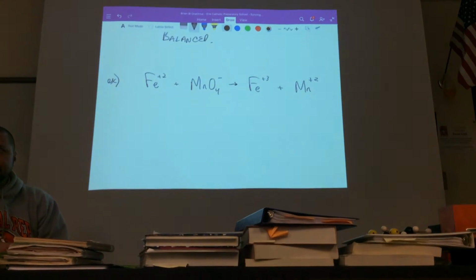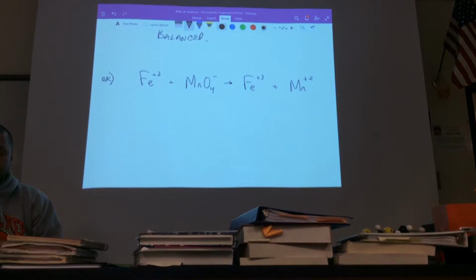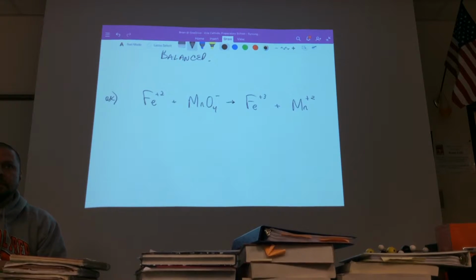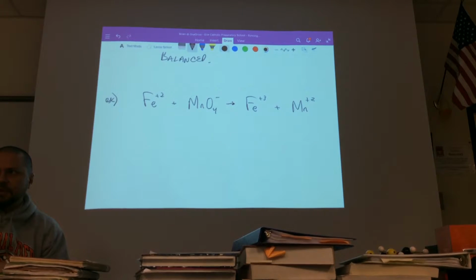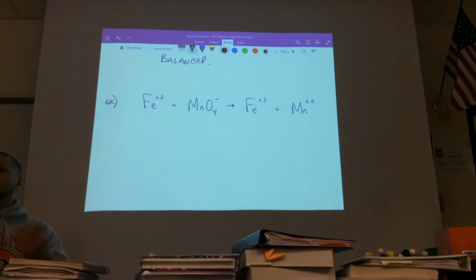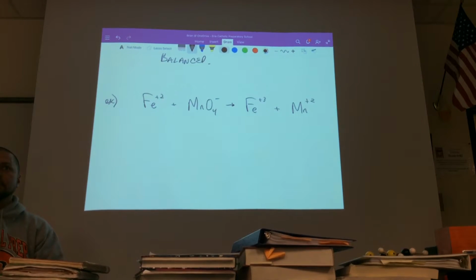The first thing to notice is that there's an O on the left side and no O's on the right side, which didn't happen before when we were balancing. But it can happen here because this is taking place in solution. There's some water present, and it's going to be interacting with the water too.